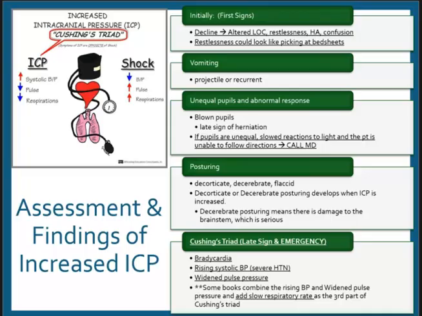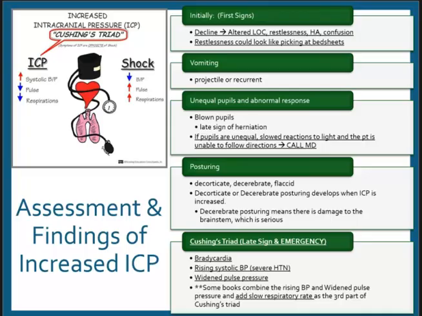Now we look at their blood pressure 2 hours later, and now it is 160/40. The systolic and the diastolic, you should not have more than 40 numbers between them. That is when it starts to jump really big like that. That means that you're not perfusing the way that you should.